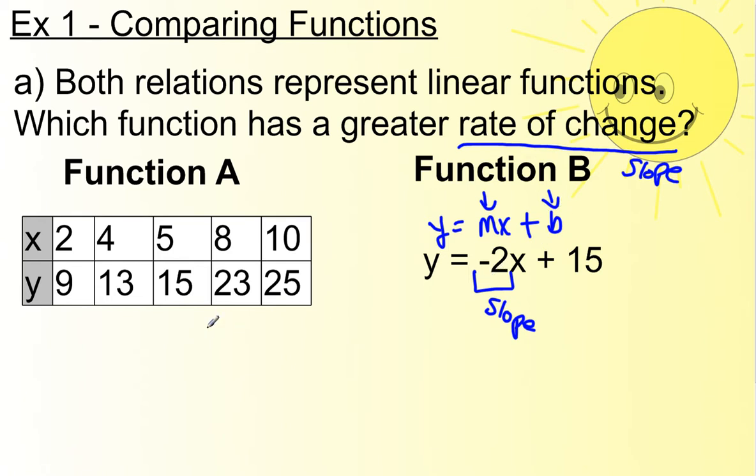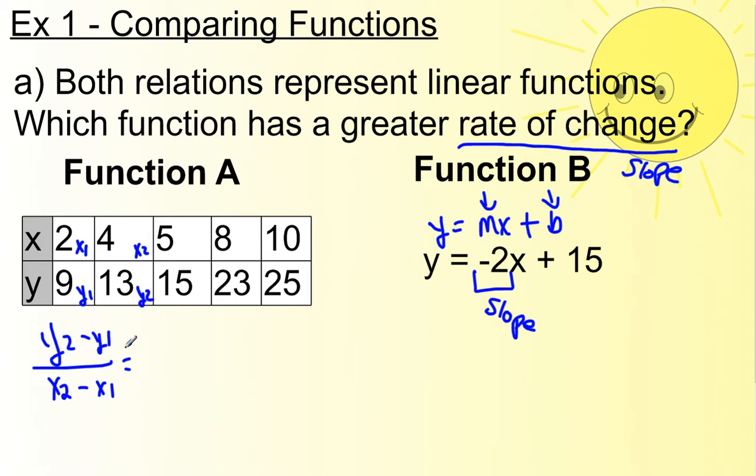Okay, for function A though, we're just given a table. We have to find the slope from this, which we have done in the past. So what we did is we used our slope formula, y2 minus y1 over x2 minus x1. Pick 2 points, so I'm going to call this guy x1, y1, x2, y2.